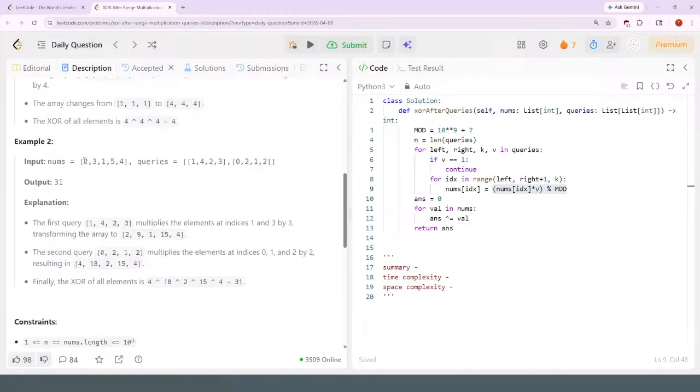I don't think I can XOR 2, 3, 1, 5, 4, and then do some more XORs, somehow get 31. I don't think so anyways, because this 18 could be something that loops around from the modulo. I could be wrong about that.